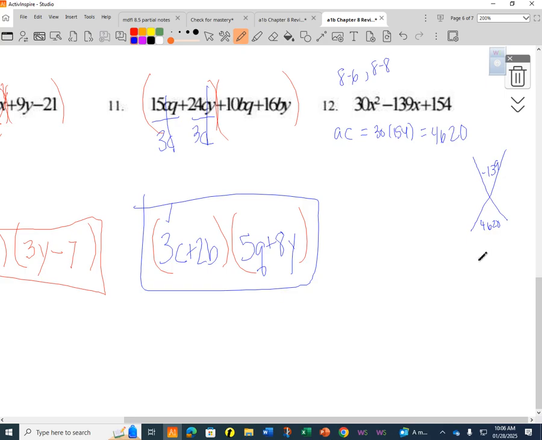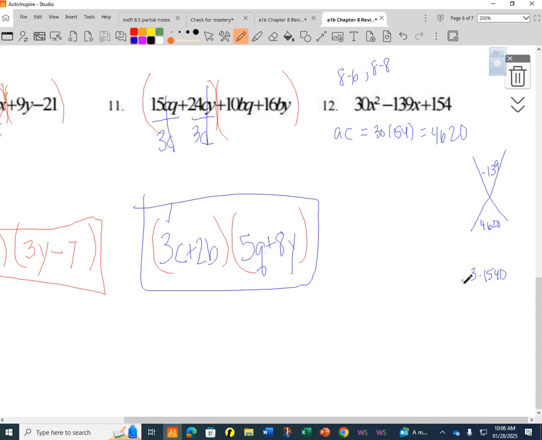Got it? Okay. So factors of 4620 that would have a difference of 139. No sense in doing a 1 or 2. 3 will come out of it, but I don't think there's much reason to do that, but let's do it. 4620 divided by 3 is 1540, so 3 times 1540, if they're both negative, adding together is not even close to 139, so we need a bigger number.